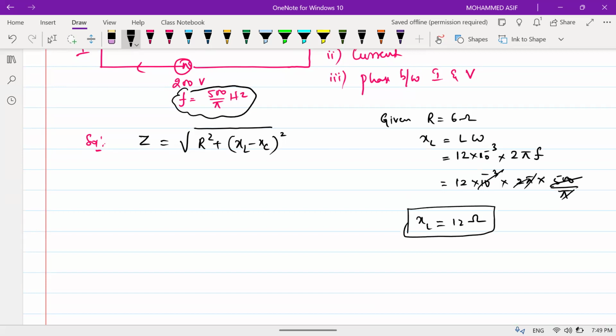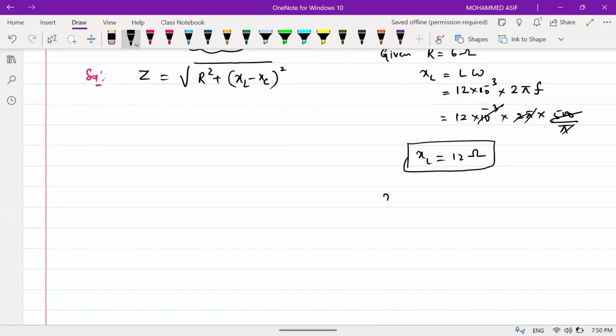Got it? See, pi and pi get cancelled. Two fives are 10, and already two zeros are there, so it is three zeros: 10 power plus 3 and 10 power minus 3 will get cancelled. So the remaining is only 12.